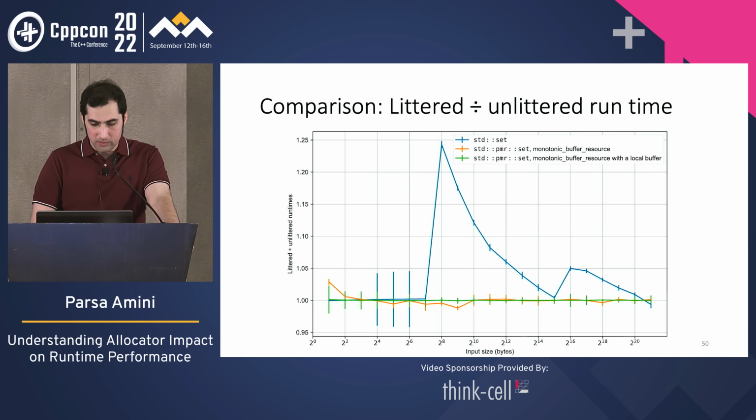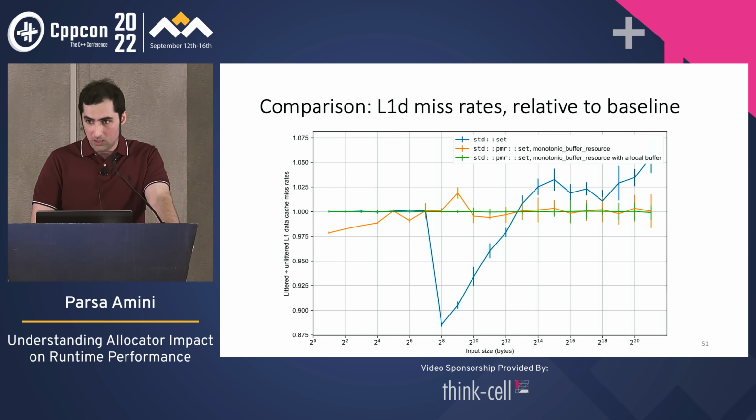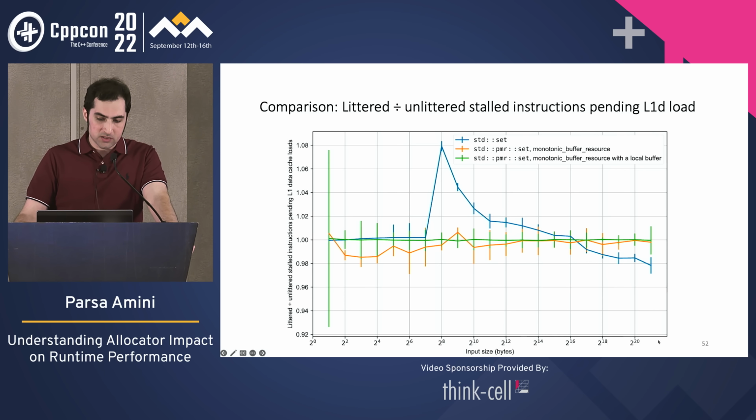How does that look for memory allocations? You see a drop, which means we allocated a lot less memory. We struggled to explain this for a while. And then we eventually found the explanation for it to be the number of stalled instructions pending L1D loads.